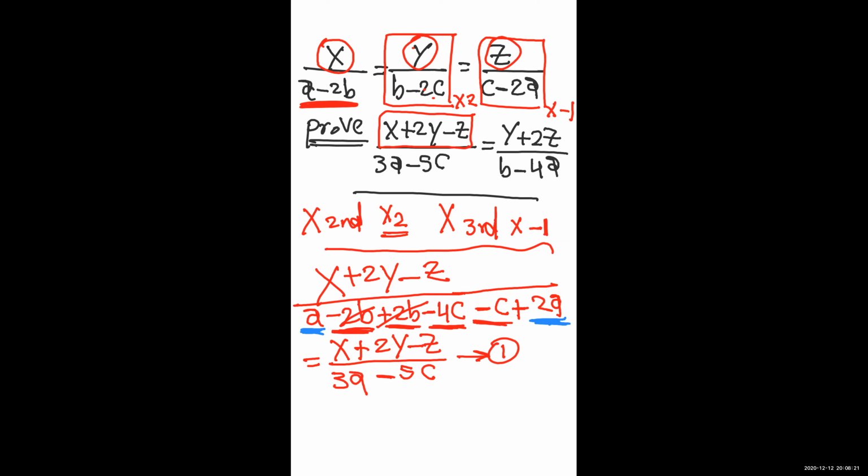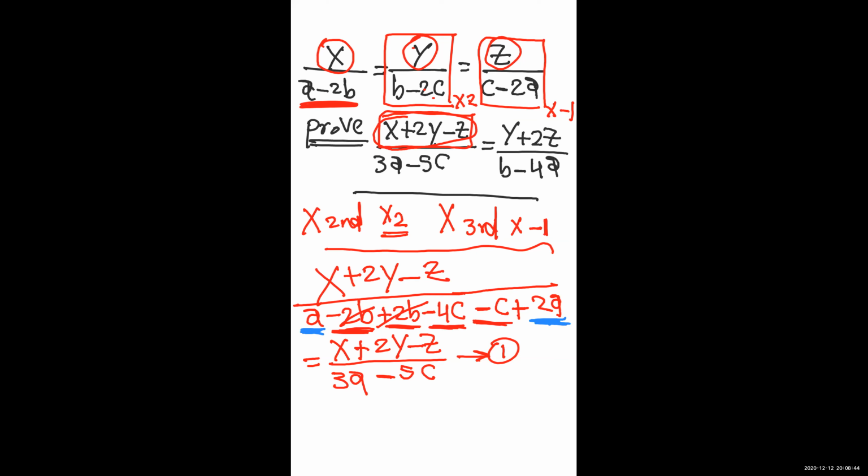Then the next one. How to get this term? I already got on the numerator of the first one x plus 2y minus z. Then what about the second one?